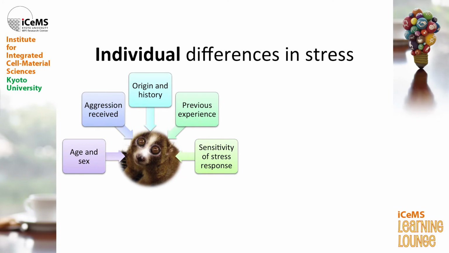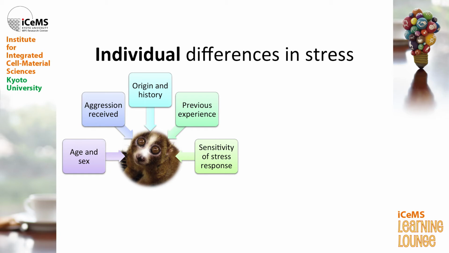Next, let's look at the individual factors. The sources of individual differences in stress levels include age and sex, maybe aggression received from other lorises, and also origin and history, like whether it was born in the wild or born in captivity, or whether it was raised by humans or by the mother.